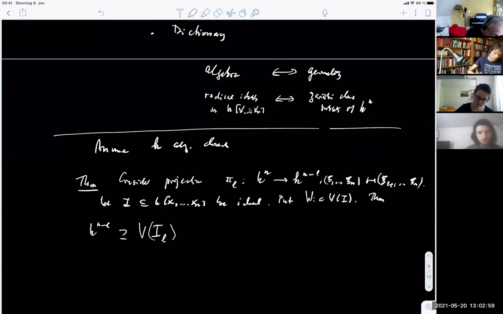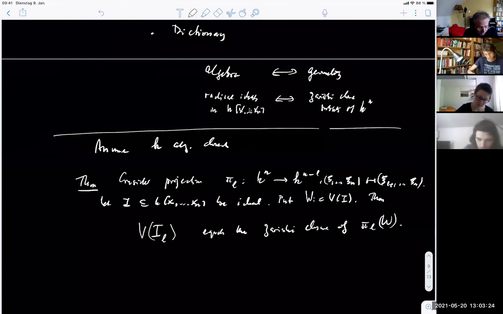So the guess, of course, would be that it's the projection, the projection of the pi L, but this is not 100% true. Then this equals the Zariski closure of the image of this.